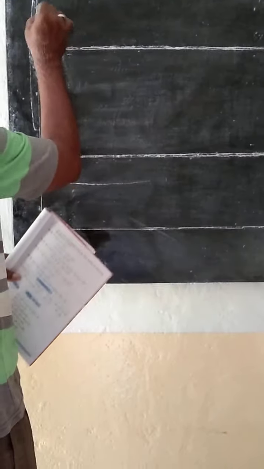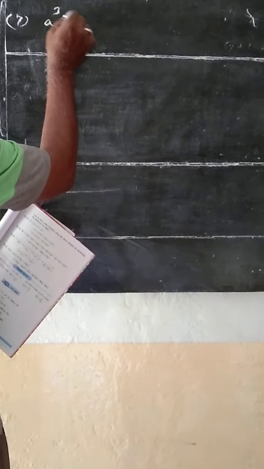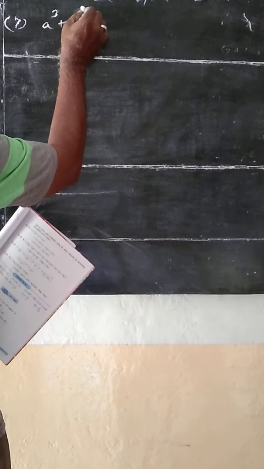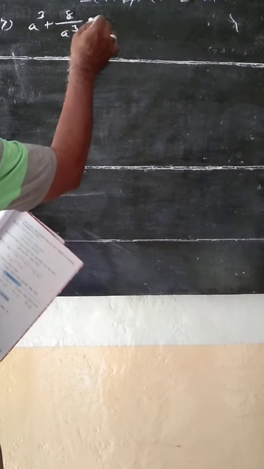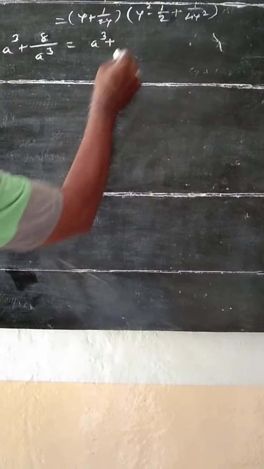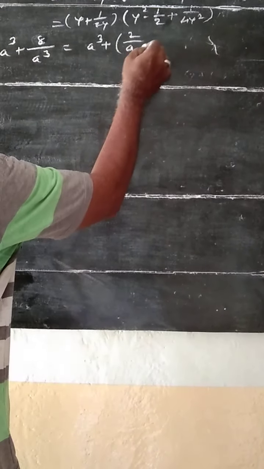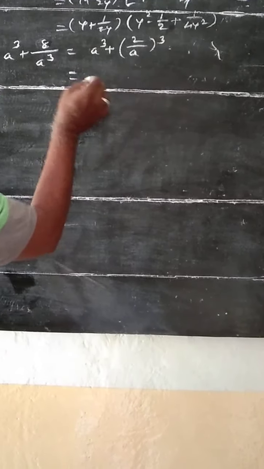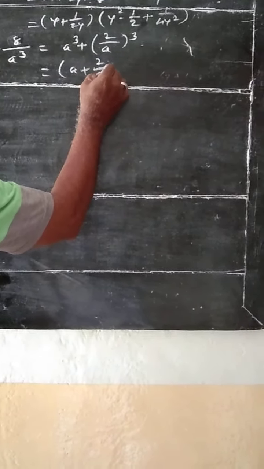Seventh one is a cube plus 8 upon a cube, which is equal to a cube plus 8, which is the cube of 2, and a cube is the cube of a, so (2 upon a) bracket cube. In the first bracket, the sum of the cube roots, a plus 2 upon a.